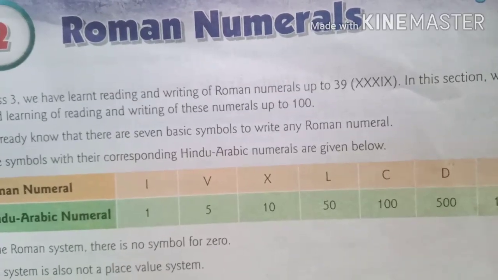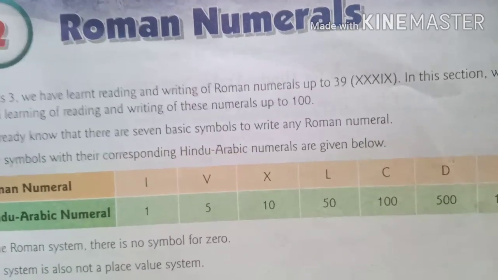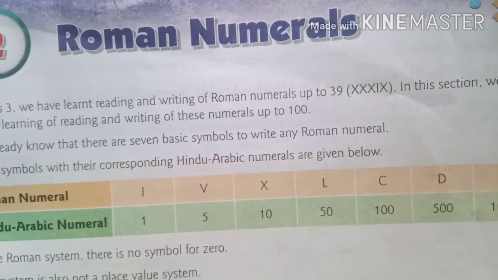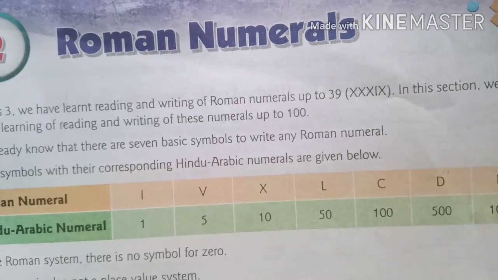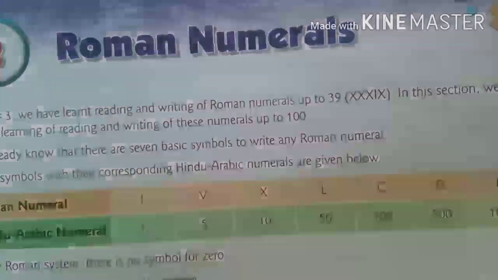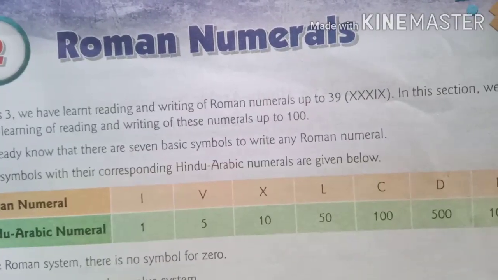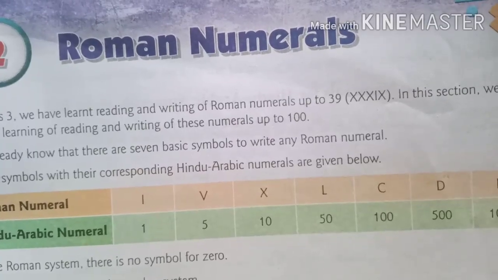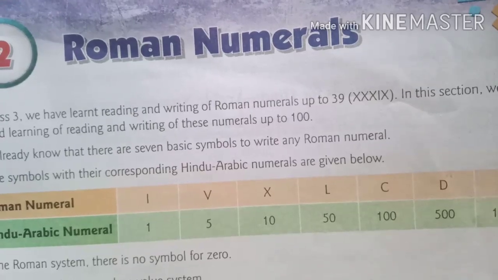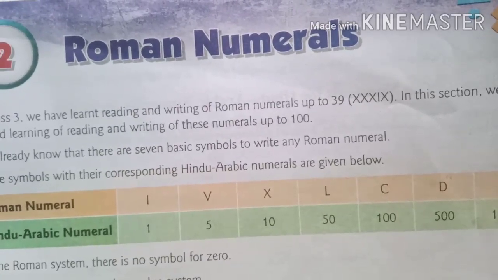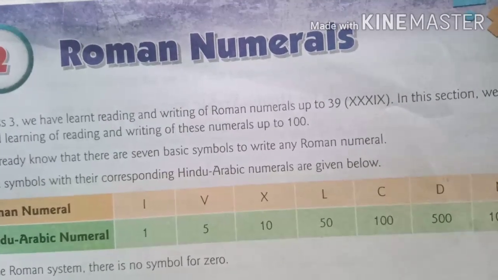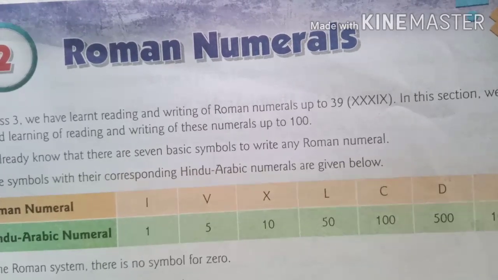In Hindu Arabic numerals we use numbers like 1, 2, 3, 10, 11, 100, 500, but in Roman numerals we use symbols in place of numbers, like X, V, I, L, C. Up to 39 you are able to form the Roman numerals. Now we will extend these up to 100.